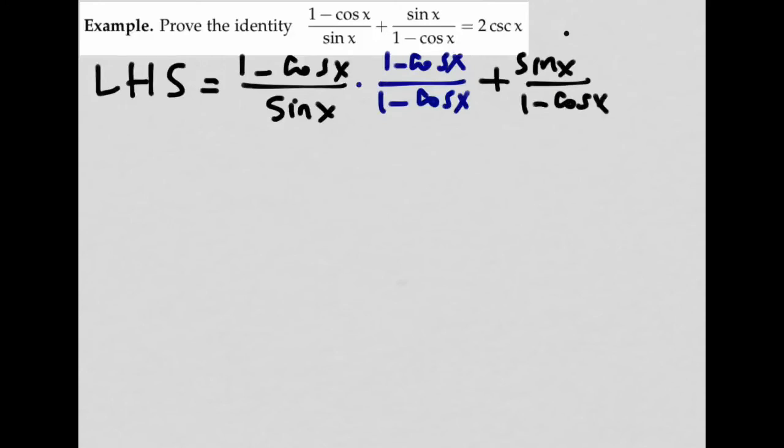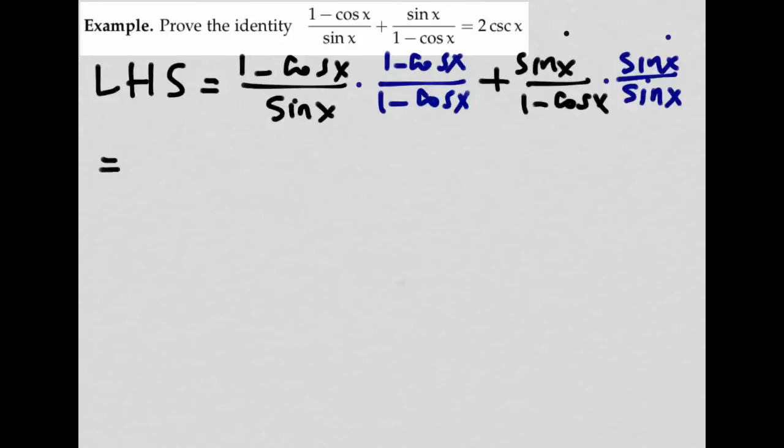I'm going to multiply this fraction by (1 minus cosine x) over (1 minus cosine x), plus the second term, which is sine x over (1 minus cosine x), and I'm going to multiply this fraction by sine x over sine x. Simply doing this to make the denominators equal.